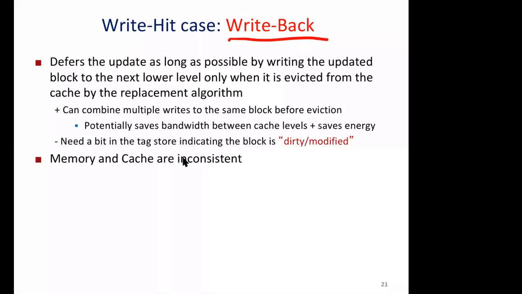So we are combining multiple writes into the same block before eviction. It's a very intelligent scheme: keep writing in the top level. Only when this particular block is removed because of the LRU algorithm or something, then you update all the levels below: level 2, level 3, maybe level 4 and main memory.